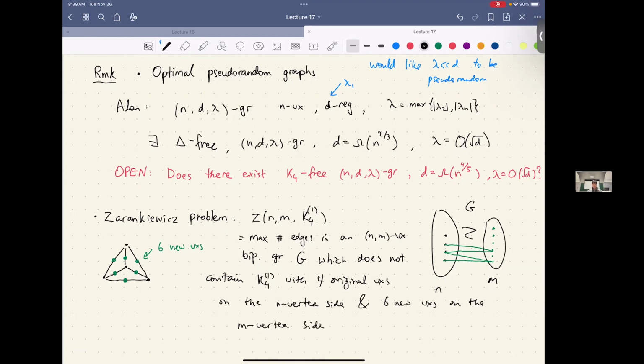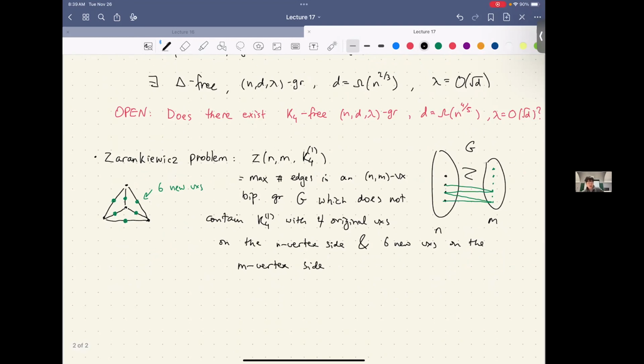So it looks a little bit strange why we cared about one subdivision of K4.